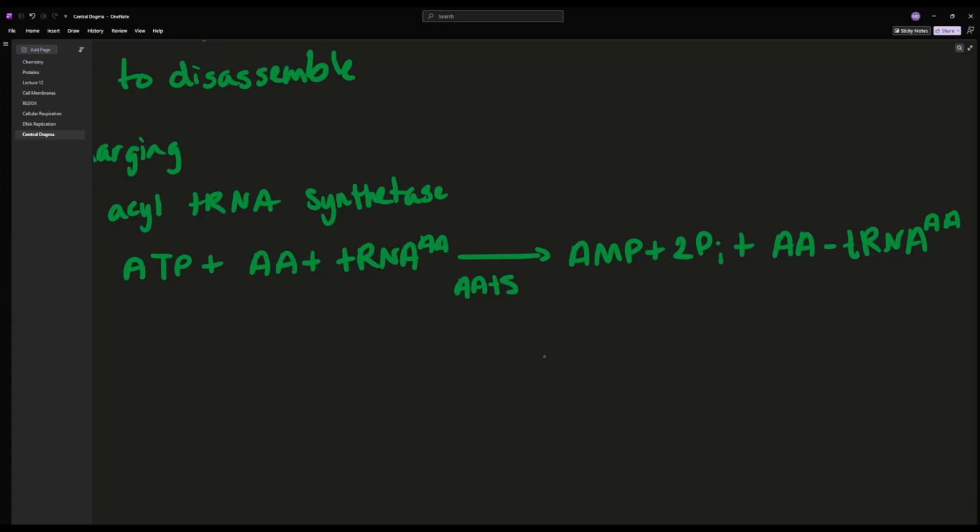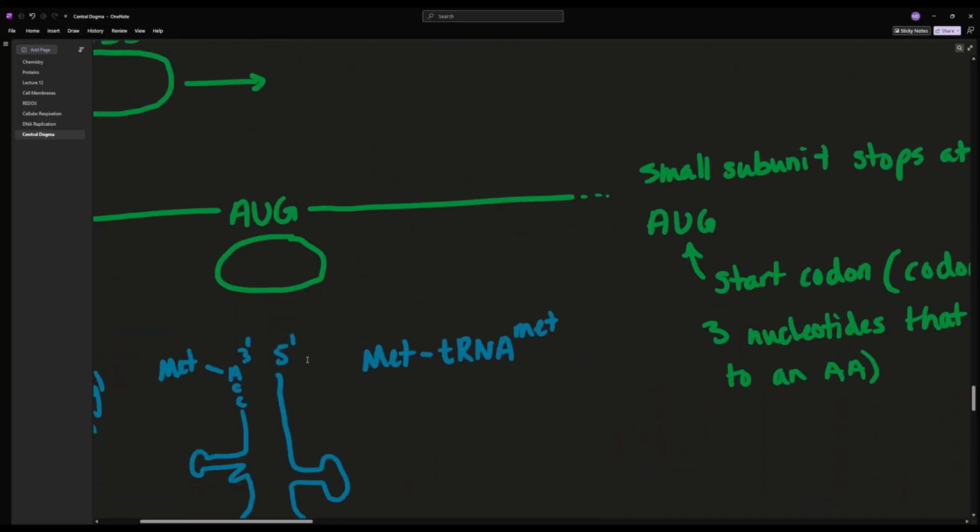Remember how up here I said it was a CCA?